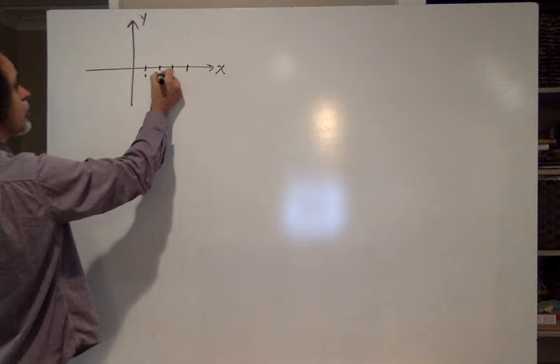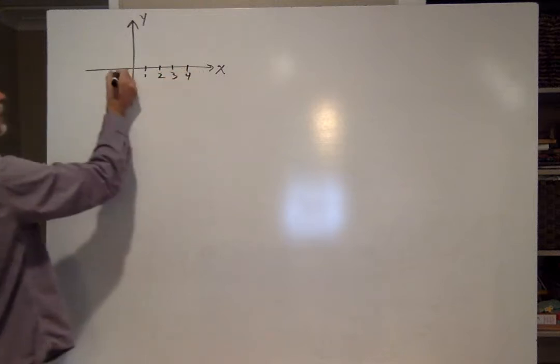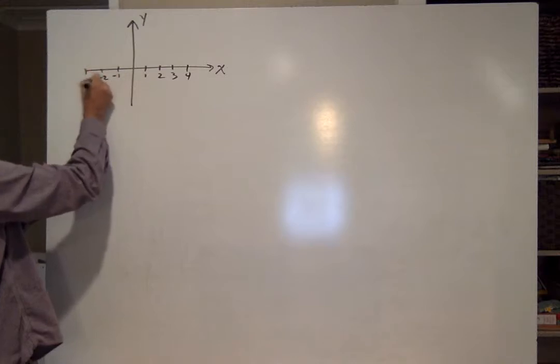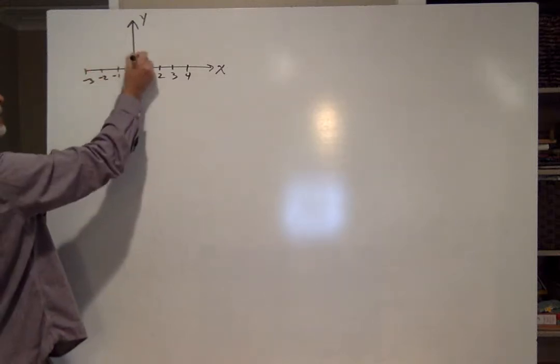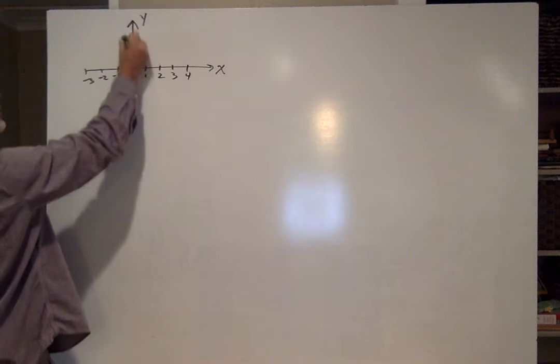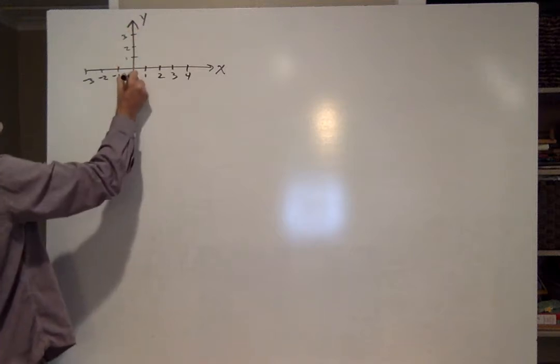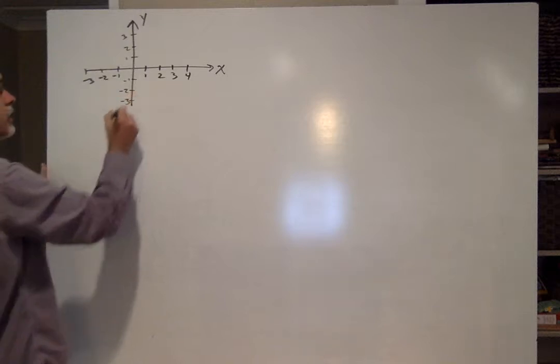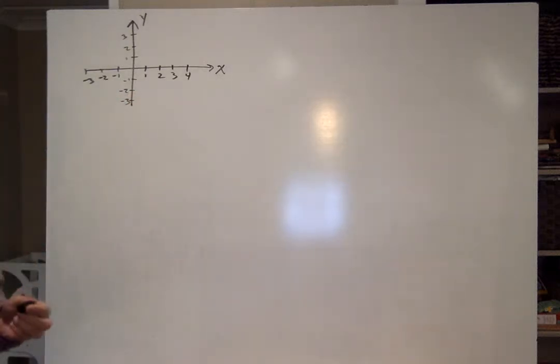This is just a number line 2, 3, 4. Another -1, -2, -3. And then y, the same thing 1, 2, 3, -1, -2, -3, etc.